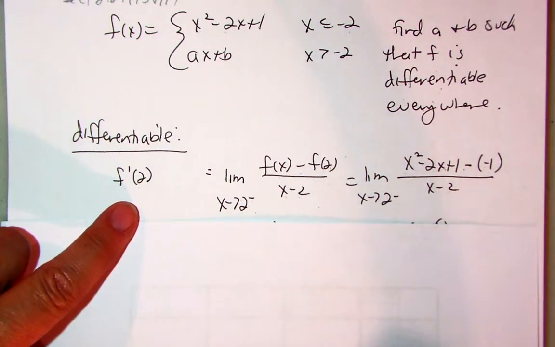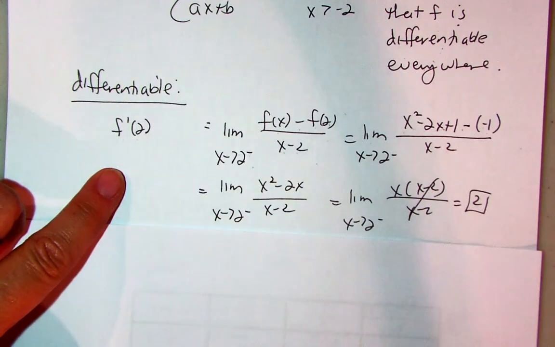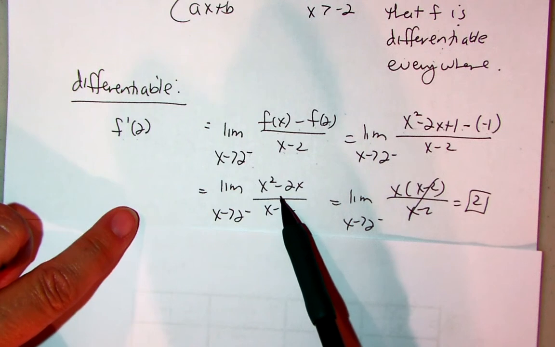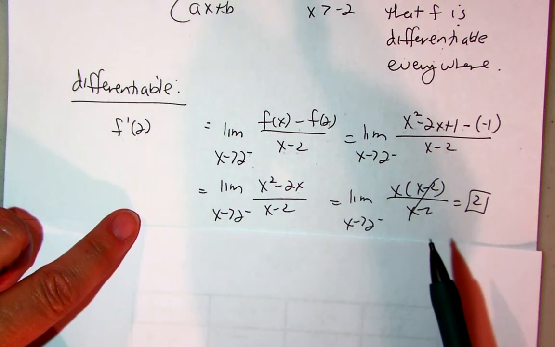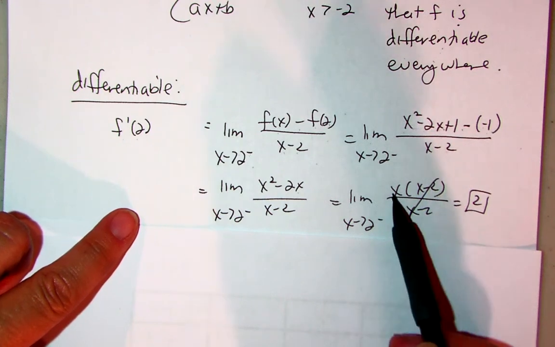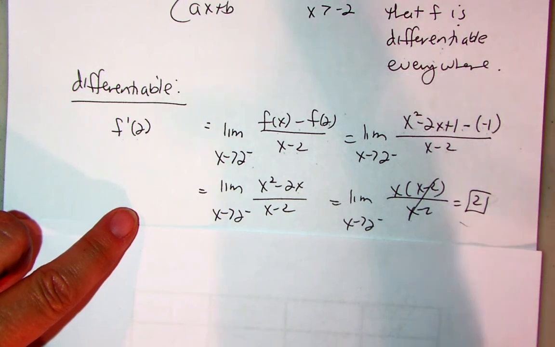Sorry. Then as I clean that up, it's x squared minus 2x, and then I'll factor out the x, and x minus 2 cancels top and bottom, so that is 2.